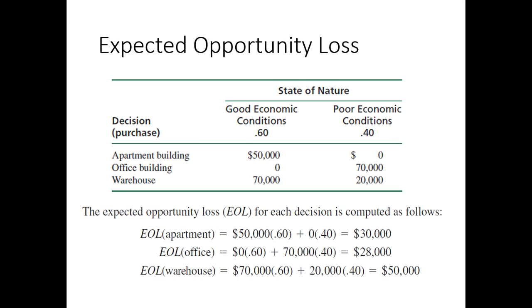We just have to multiply these probabilities with the regrets and sum it. Here we have to calculate not the maximum but the minimum, because this is the regret. After 2 years, when the building is ready, we want the minimum sorry. So the minimum sorry is this 28,000, and again the result is that we select the office.